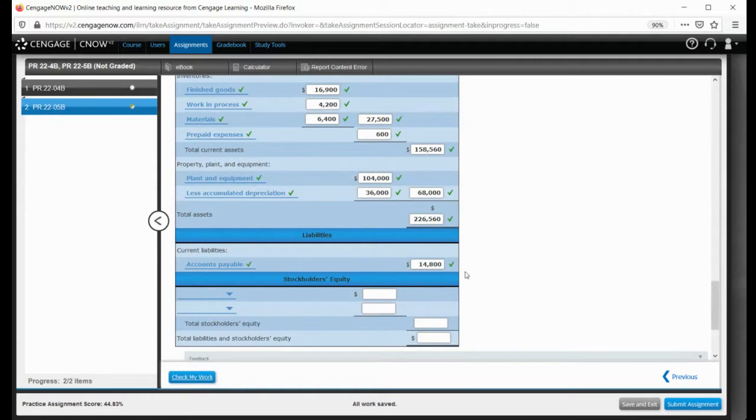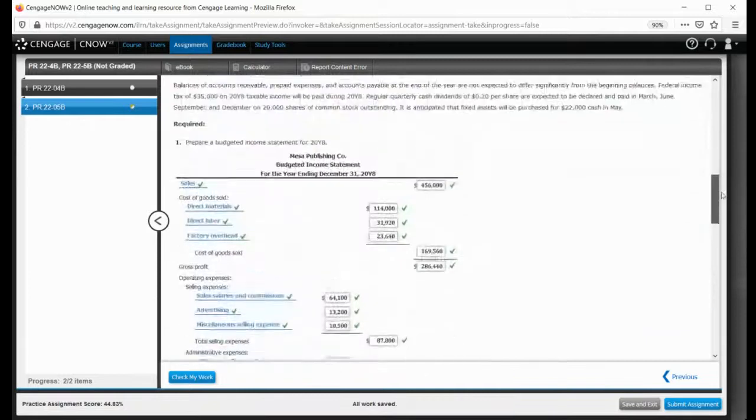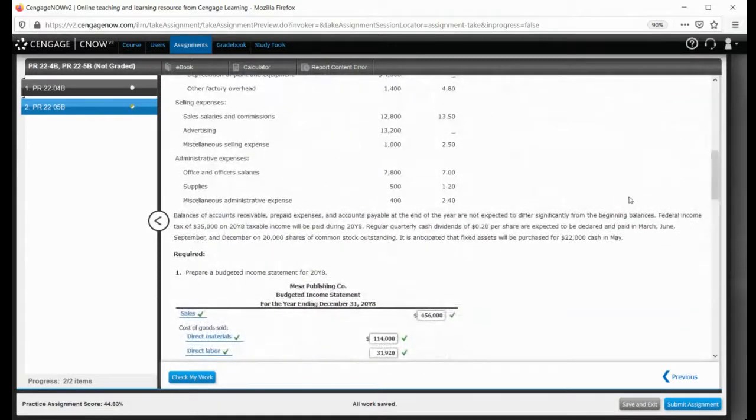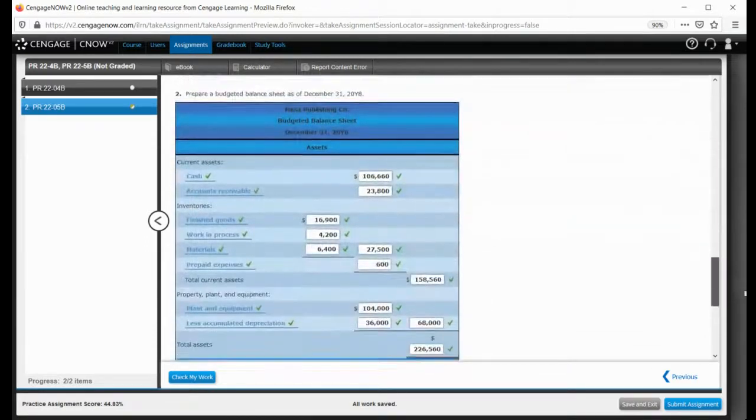The reason it's $14,800 is because our instructions tell us that the accounts payable at the end of the year is not expected to differ significantly from the beginning balances. So we just had to plug that amount in.